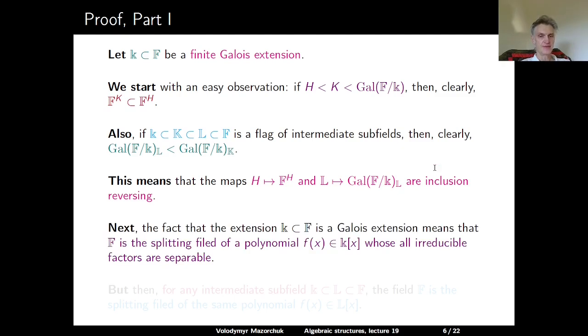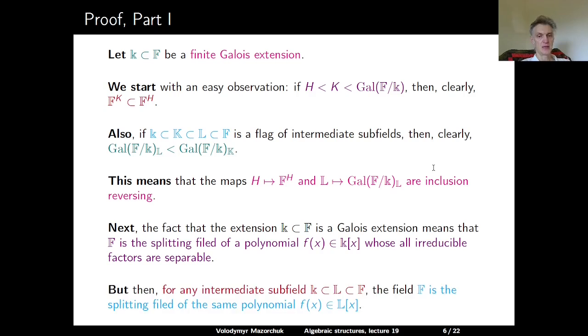Next, the fact that the extension of K inside F is a Galois extension means that F is a splitting field of some polynomial f(x) over K, all of whose irreducible factors are separable. But then we can consider the same polynomial as a polynomial over L, and so F remains a splitting field of the same polynomial.